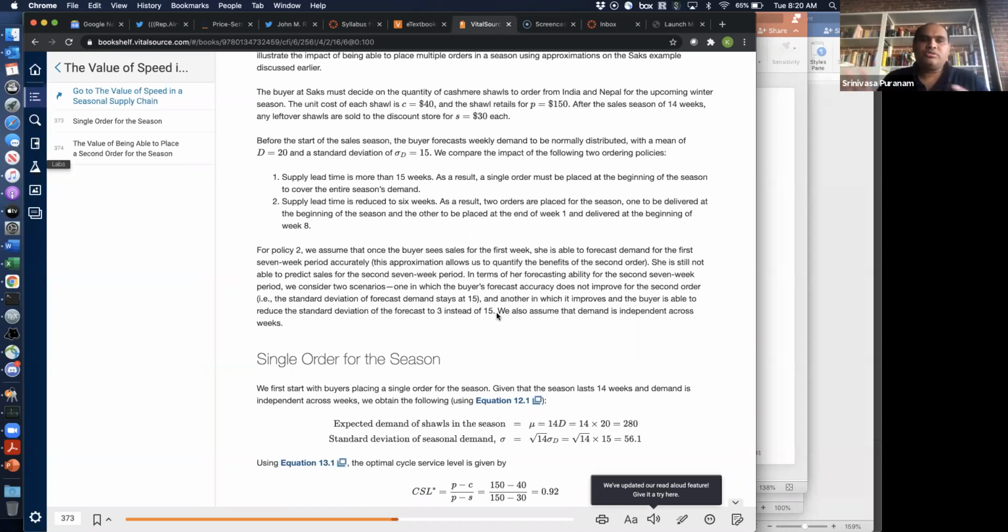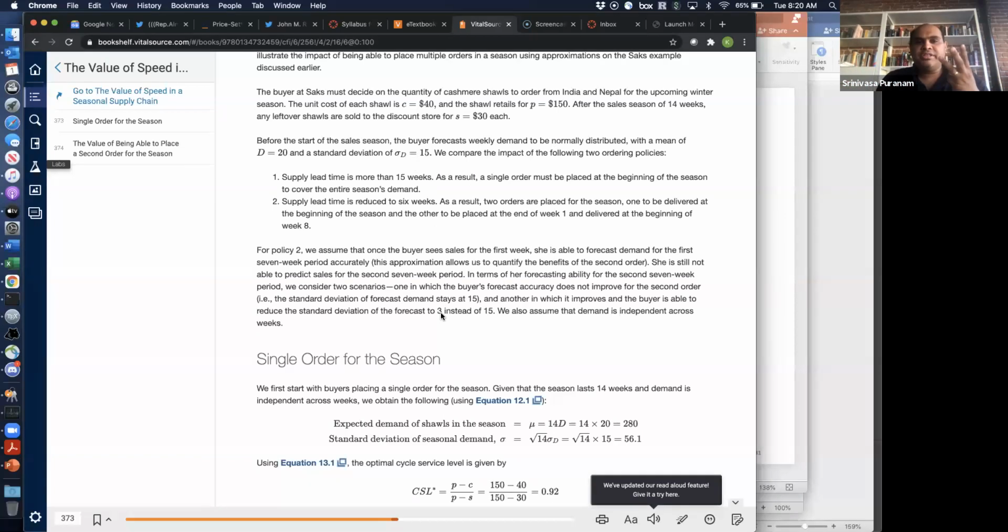So we look at both scenarios. One scenario is we have no idea what's going to happen in the second half of the season, and the second scenario is where we have a better handle, which means that there is reduced variability. The standard deviation of weekly demand goes down from 15 to 3 for the second half of the season. Those are the situations that we are going to look at.